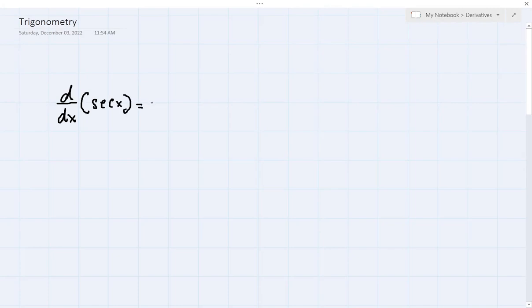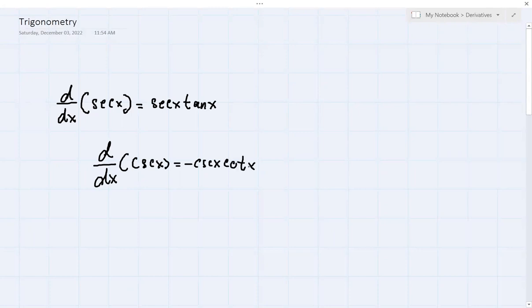So, ang derivative ng secant x ay secant x times tangent x. So, parang magka-similar lang sila ng pattern sa derivative ng cosecant x. Kasi 'di ba kanina, yung derivative ng cosecant x, it is negative cosecant x times cotangent x, 'di ba?